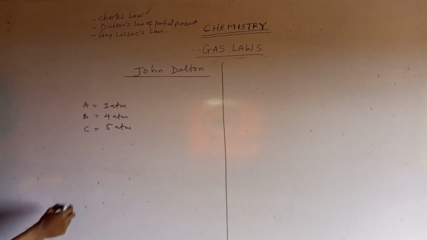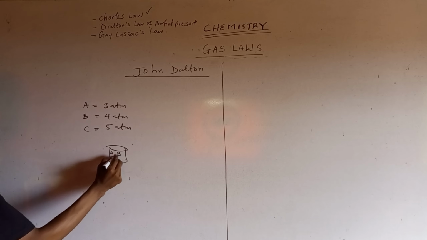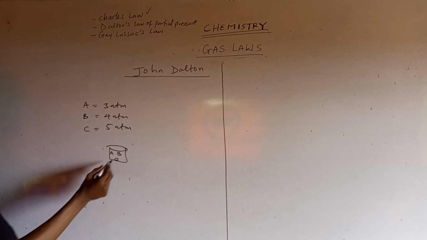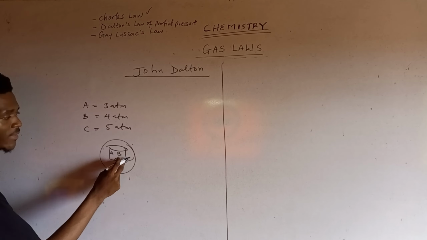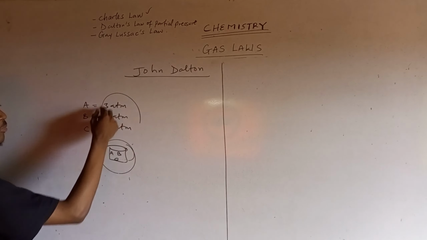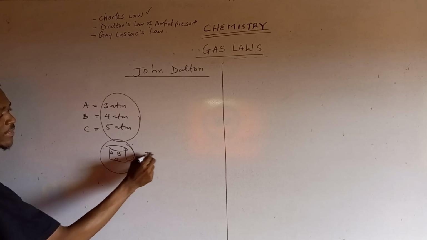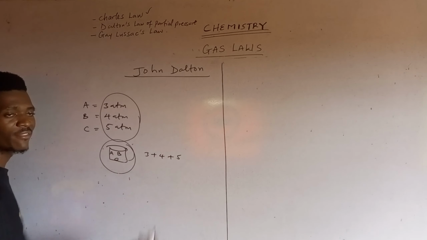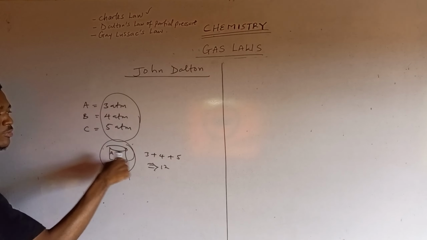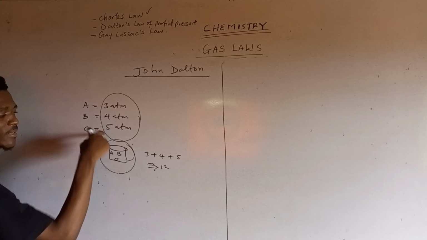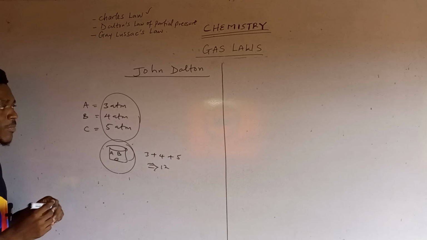Now, when you have in this container A, B, and C, the total pressure that will be generated in this container would be the sum of their individual partial pressure. So the total pressure would be 3 plus 4 plus 5, and of course, this gives us what? 12. So the total pressure generated by these gases is 12. So that's just Dalton's law of partial pressure.